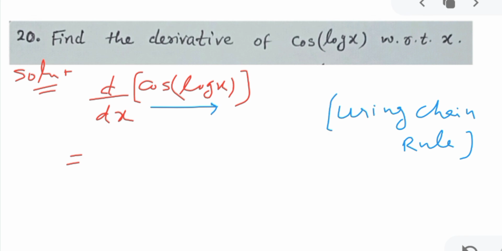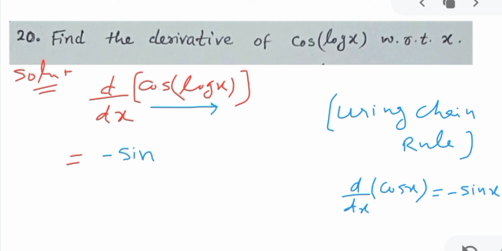We'll go from left to right. The first function is cos. So first I will take the cos derivative. Cos derivative is nothing but minus sine. You know the formula, right? Derivative of cos x is nothing but minus sine x.